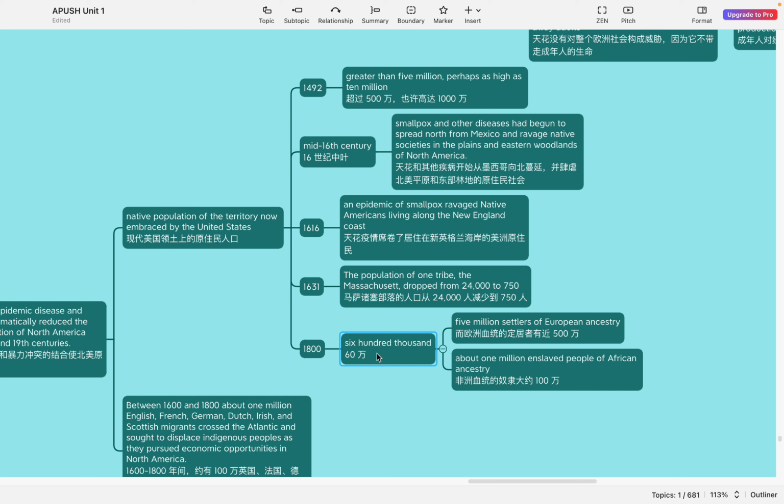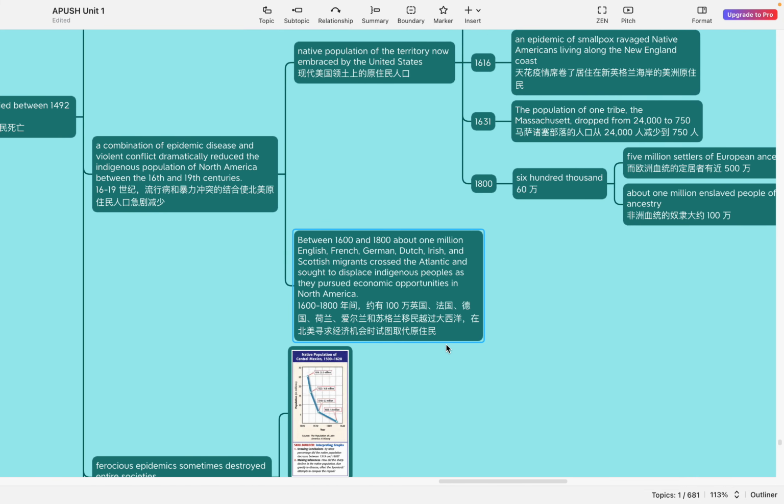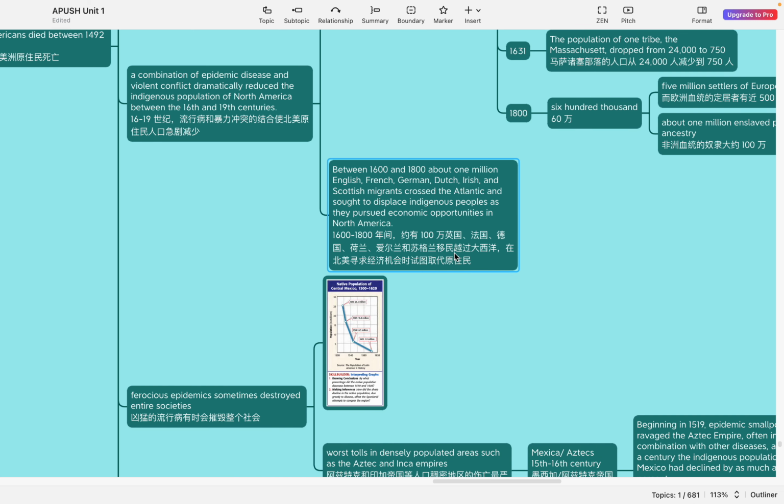By 1800, the European descended population in the U.S. was nearly 5 million, and there were about 1 million African descended people forcibly brought to America as slaves. 1 million European immigrants crossed the ocean to North America during the 17th and 18th centuries, creating a population landscape completely different from that of 1492.